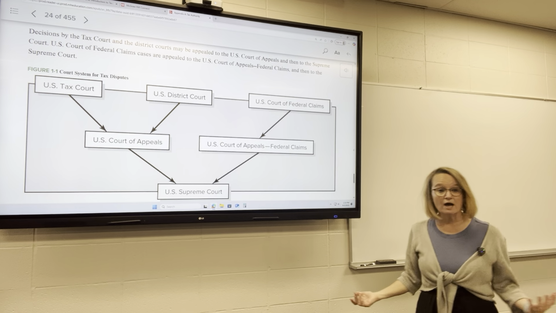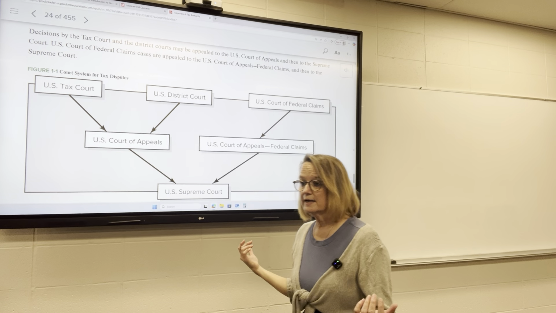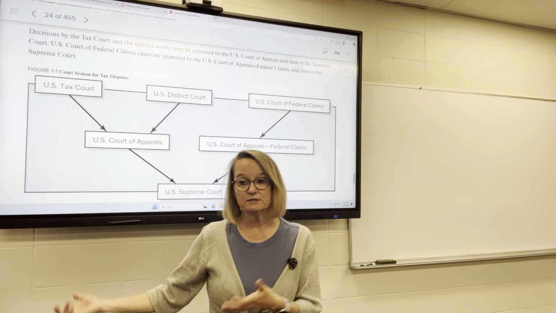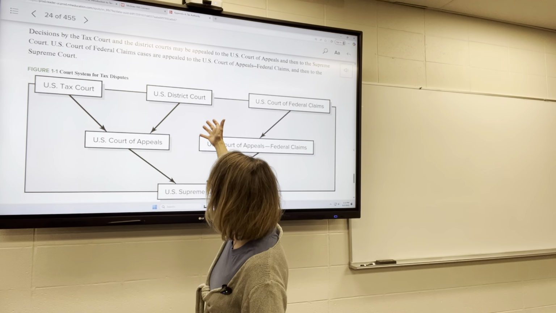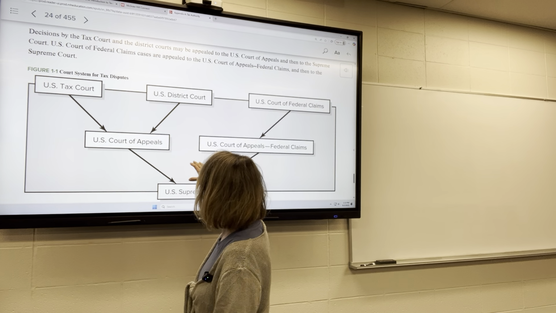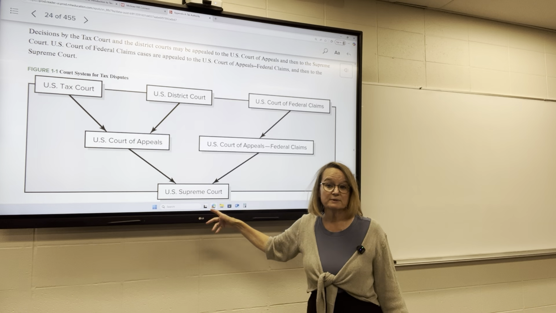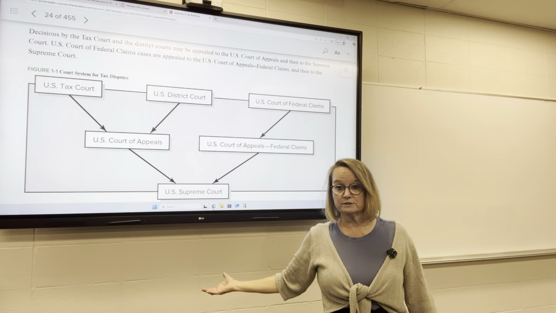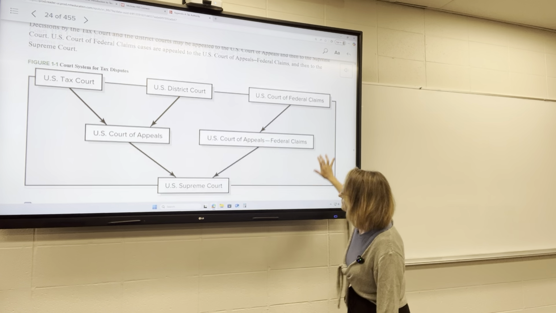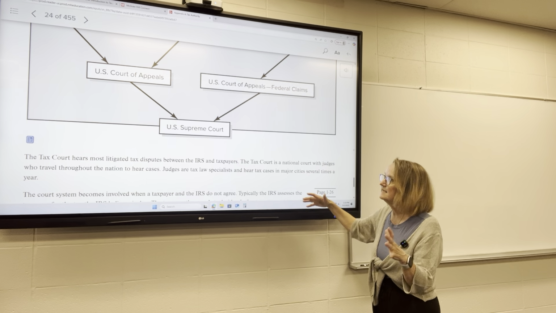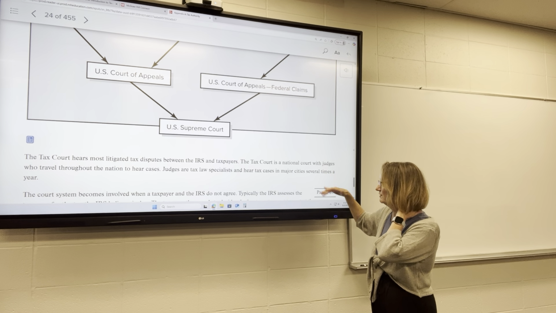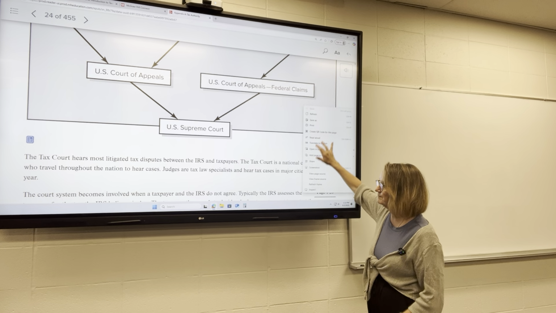But just like any other federal case, there's an appeals process. Everything starts with the district court and then goes to the U.S. Court of Appeals, and could ultimately be decided by the Supreme Court as well. It's just like any other challenge to a federal law.